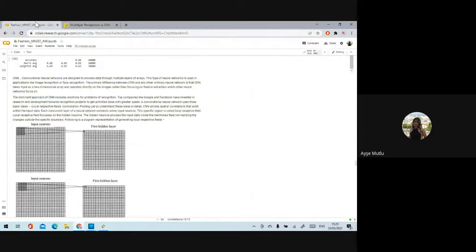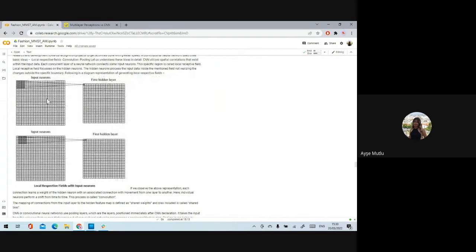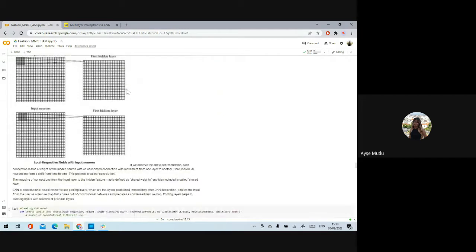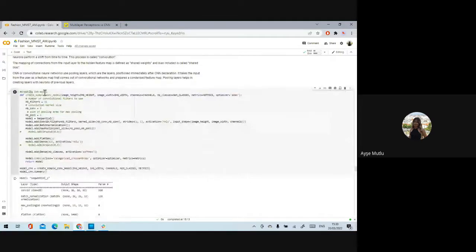Let's go back to the code. Here we have the input neurons, and we are trying to read the pattern of the image and getting the output here. At the same time, we are reducing the dimension. Here we are creating the CNN model, and we have the parameters: image height, image width, channel, number of classes, metrics, and the optimizer, which is Adam.